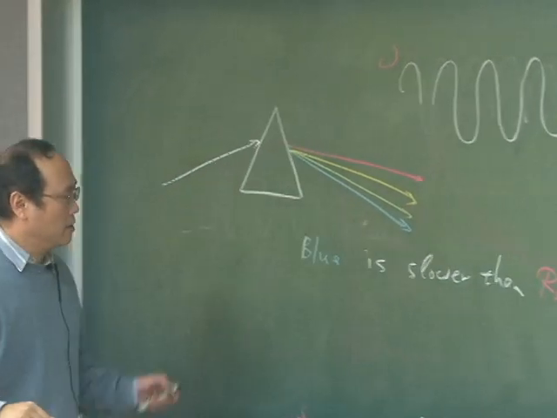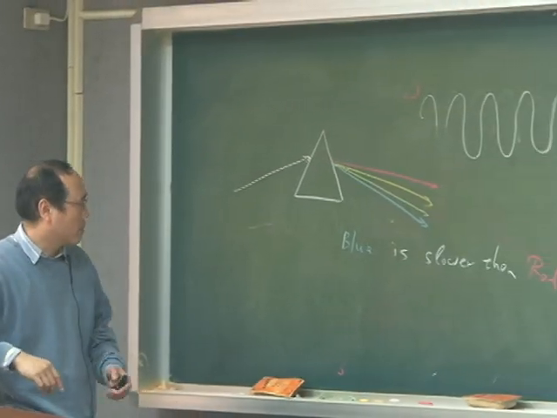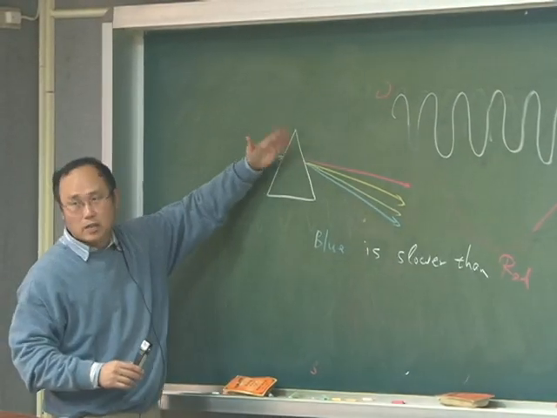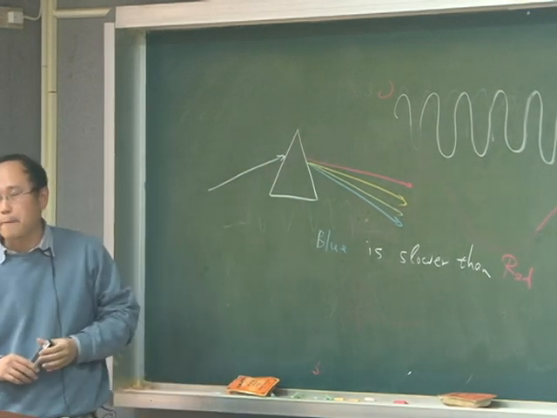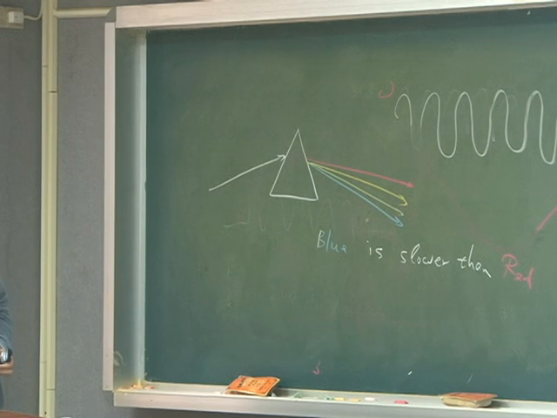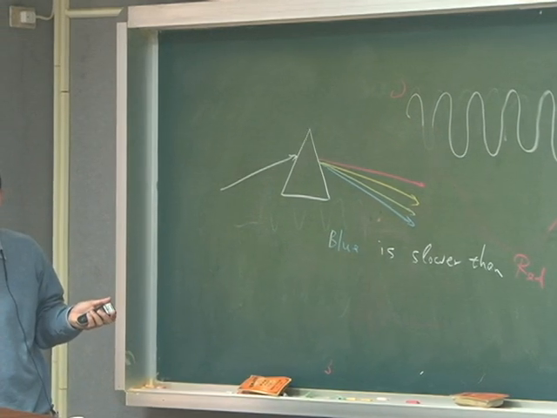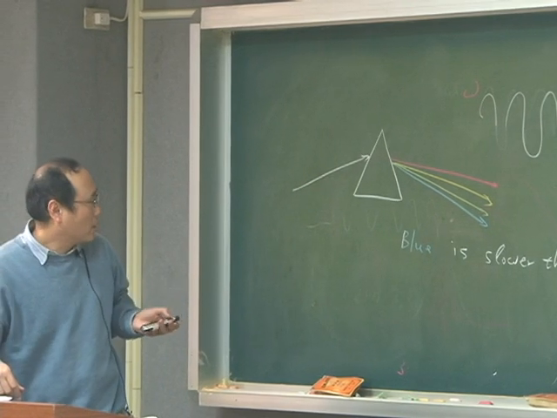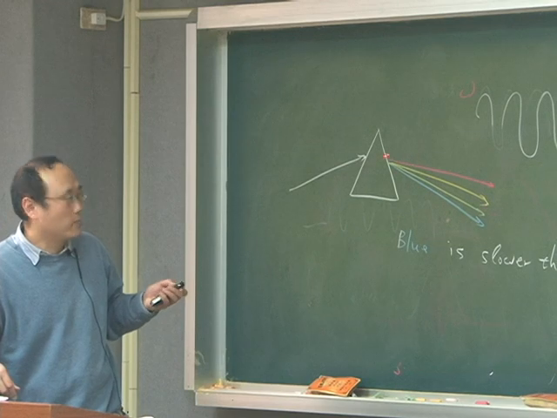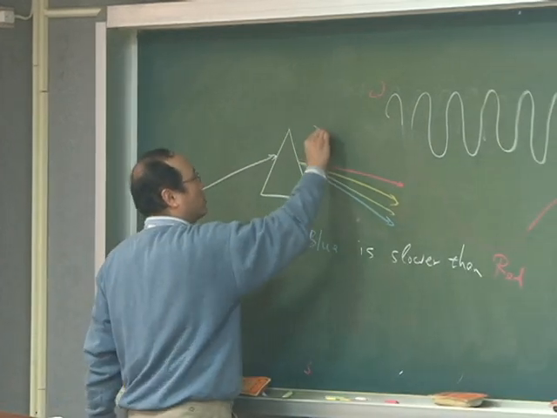For this case, blue light propagate slower than red light. 所以呢，它被偏折的角度比较大。So in a piece of glass, different frequency components can propagate with different speeds. 那这个状况呢，因为我们经常看到，so we call this normal dispersion.